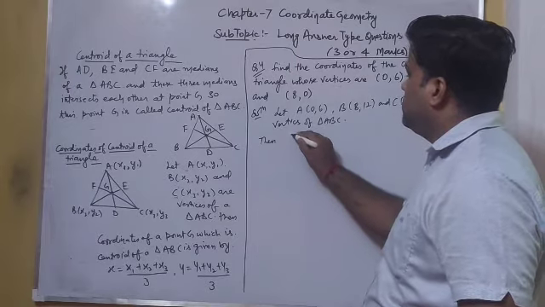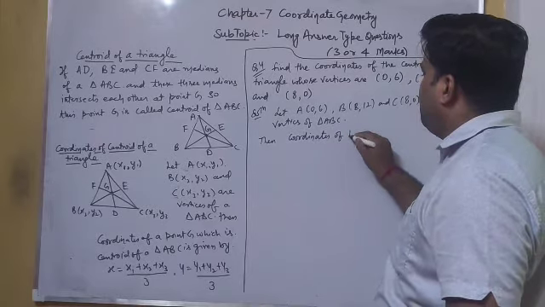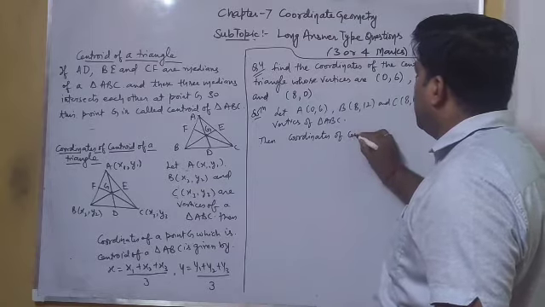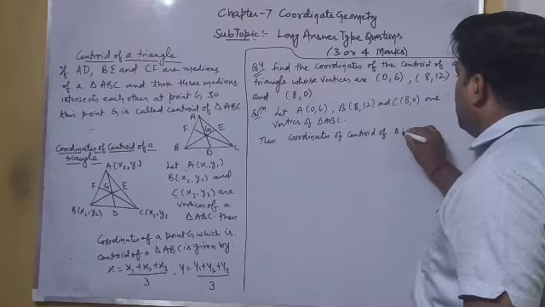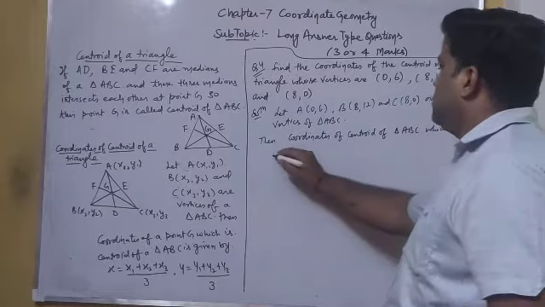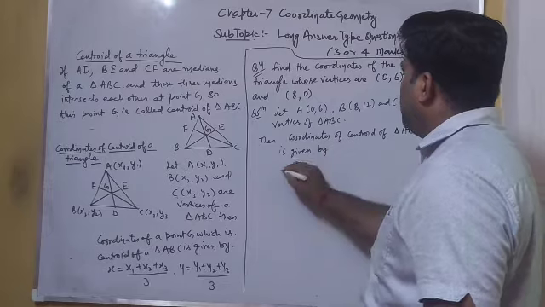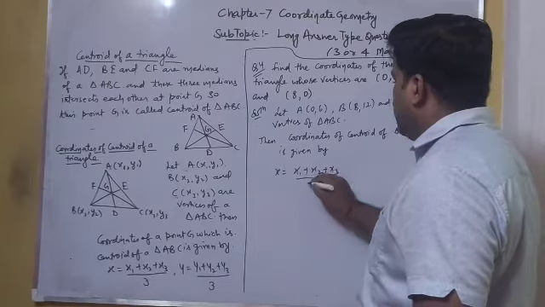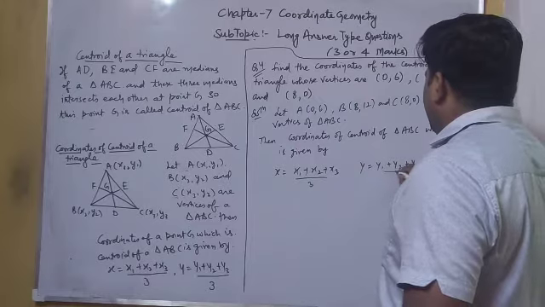Then the coordinates of the centroid of a triangle are given by x equal to x1 plus x2 plus x3 upon 3 and y equal to y1 plus y2 plus y3 upon 3.